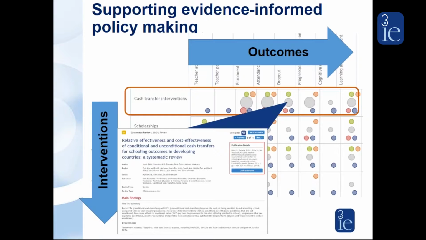But the point that's worth making is that the evidence gap maps only provide access to these summaries of systematic reviews. There isn't any further knowledge translation, but they can feed into those kinds of products.